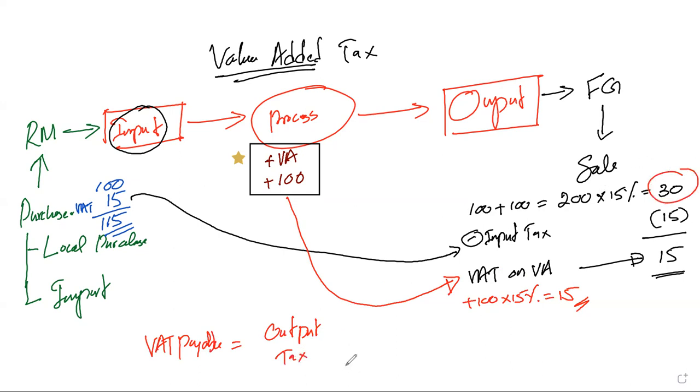Output tax is 30, minus input tax of 15. After resolving this formula, you will get 15 as the value added tax payable. Hope this is clear to everyone.